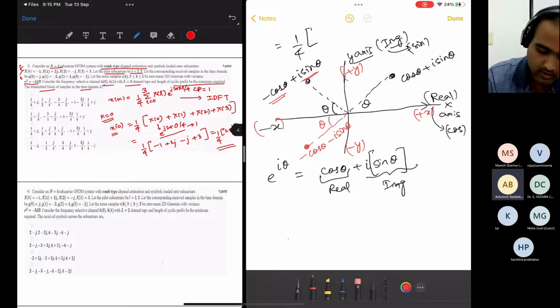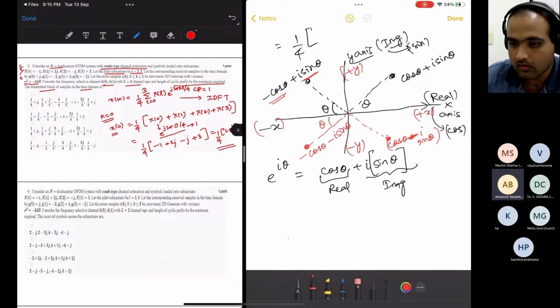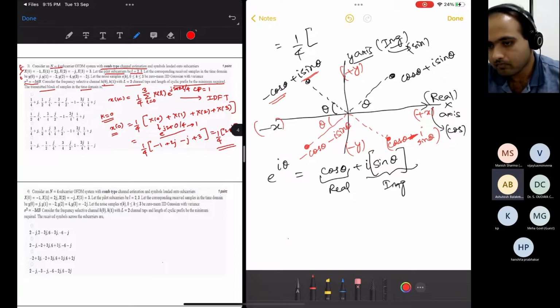And if we have any angle in the fourth quadrant, my x is positive, so cos theta minus j sin theta. Is it clear?